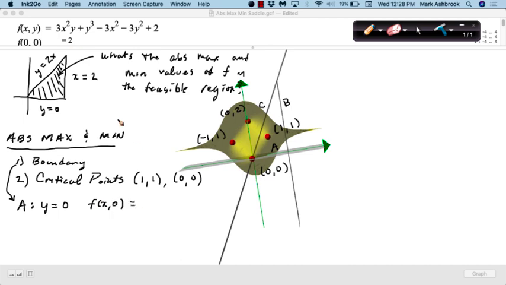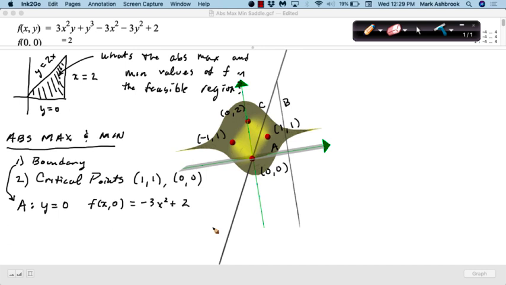And f of x comma 0 is going to be negative 3x squared plus 2. Is that right? So now, when y equals 0, I have this curve, z equals negative 3x squared plus 2. How do I find absolute max or min for that curve?